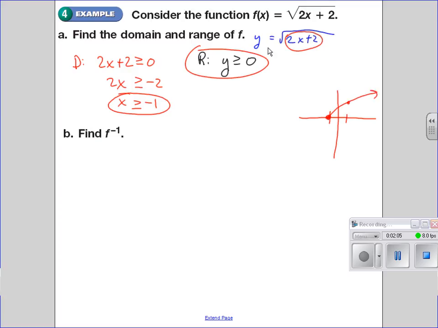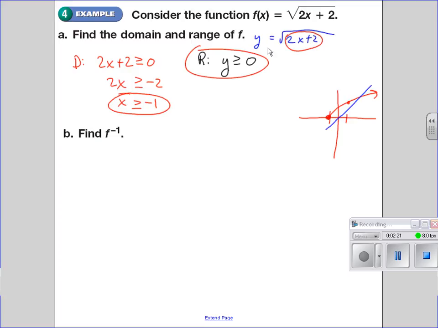So right away, I know in a picture sense that the inverse is going to just flip over the line y equals x. So what does that look like algebraically?